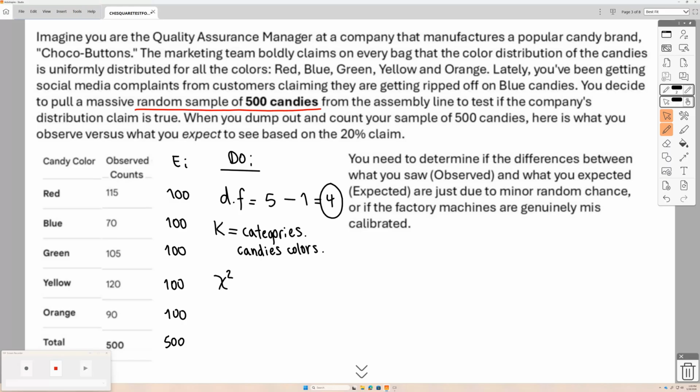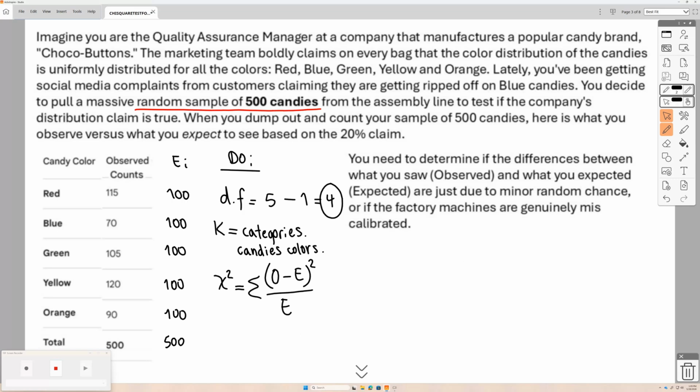Calculate the chi-square test statistic. That is the difference between the observed counts and expected squared compared to the expected at the null.